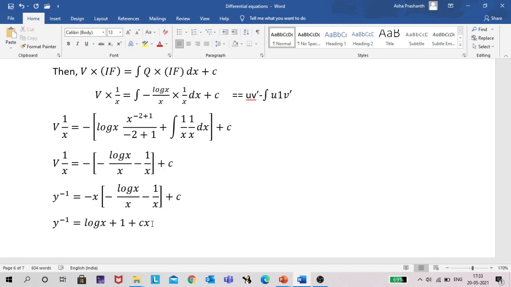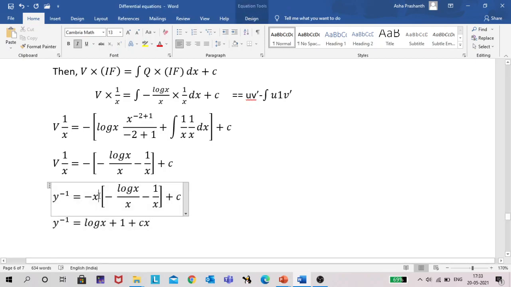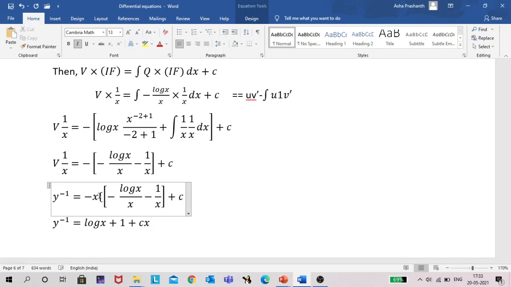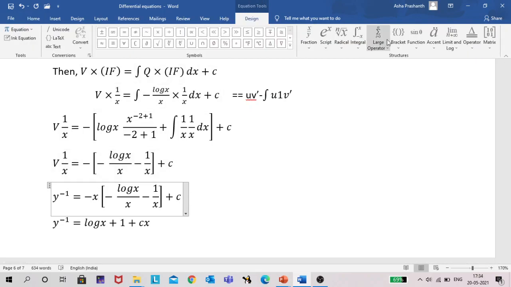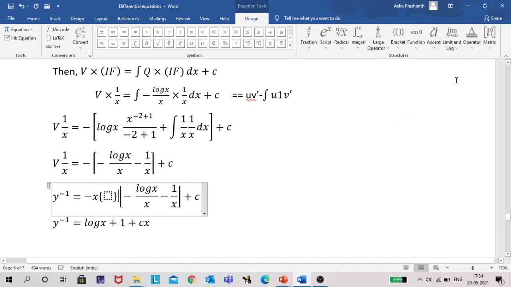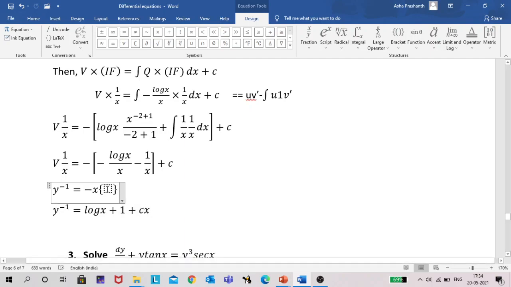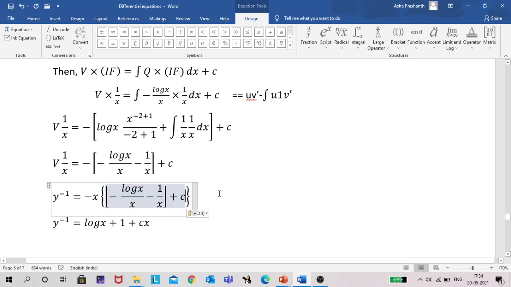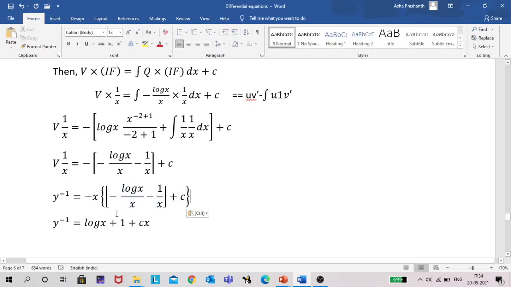So now we will get the solution like this.